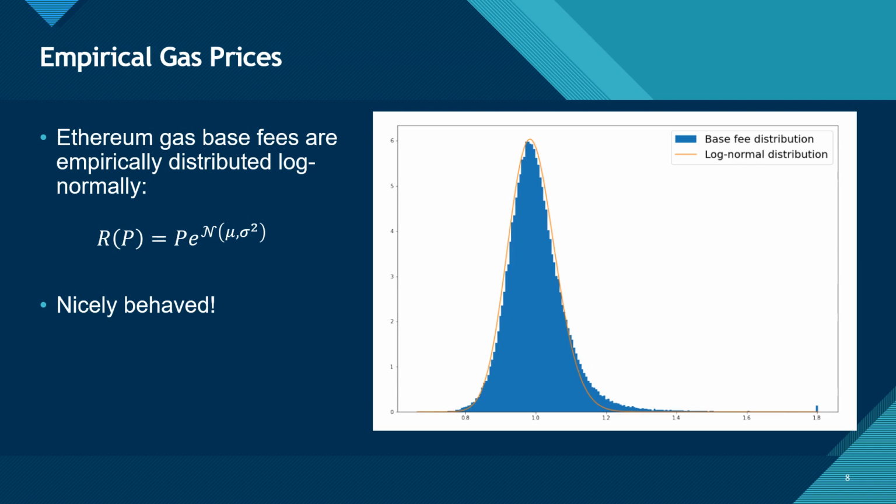So this function, the log normal function, is actually nicely behaved. So we can use our results for Ethereum gas prices.